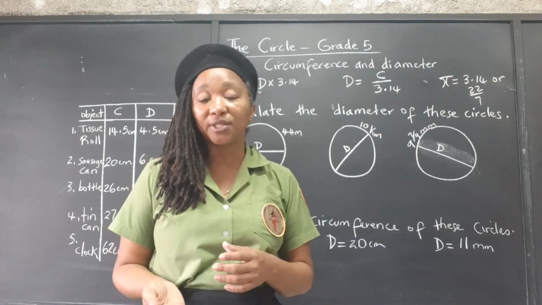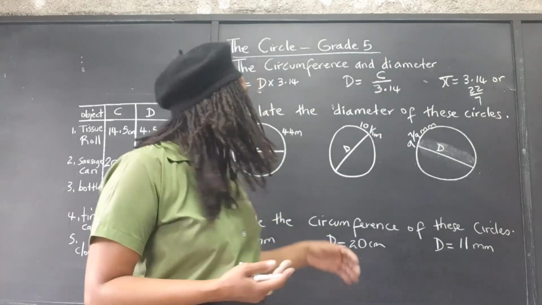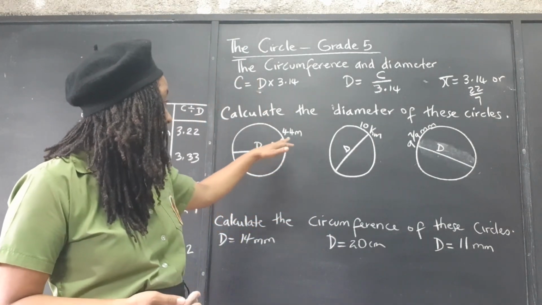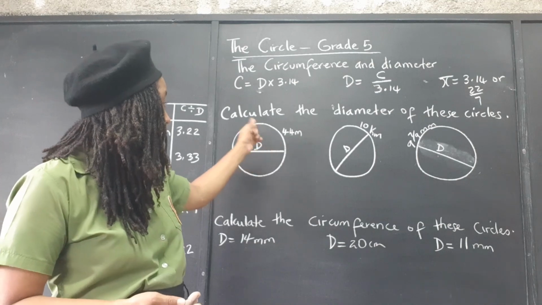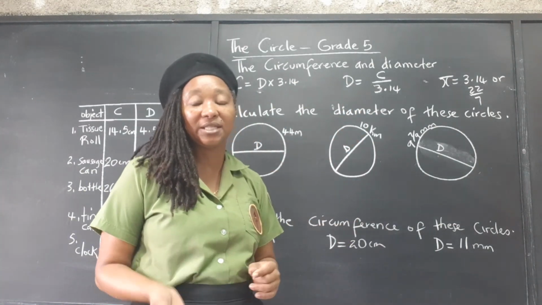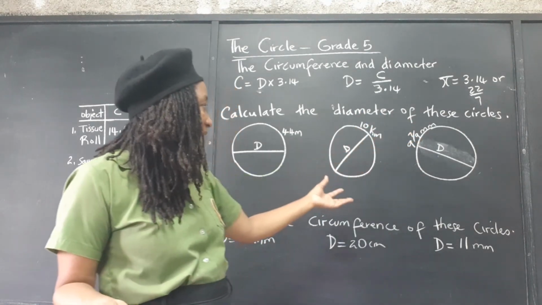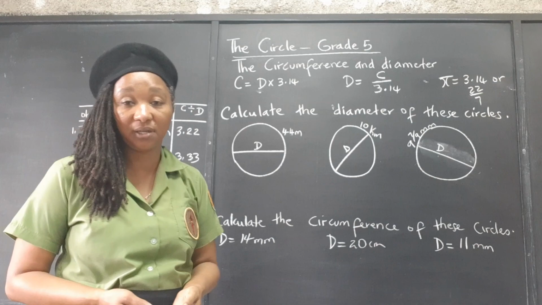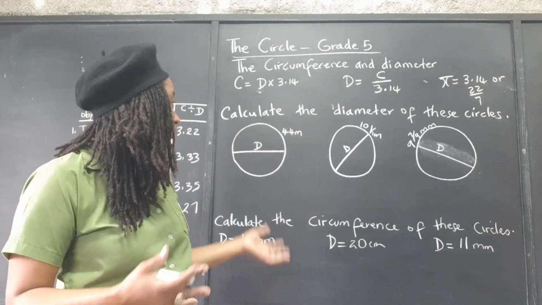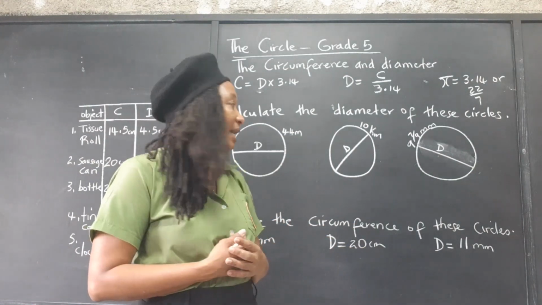But if you are not told specifically which format, you just look at your numbers and see if they are divisible by 7 or divisible by 22, depending on which one you're working with. It's easier to work with the fraction. Or you can just go ahead and work with the decimal, the 3.14. So I'm going to interchange them, right?